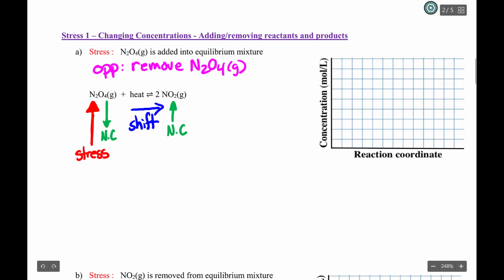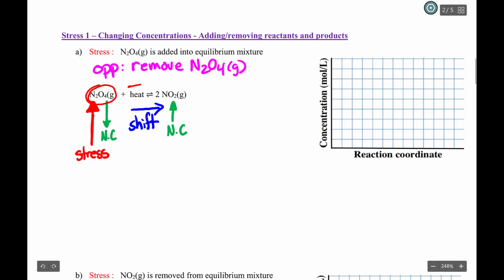So one more time, because this is so fresh and so new, let me go through the scenario. I've added N2O4 into the system. There's too much of it. We got to get rid of it, but we can't open up a valve and just let this stuff out. So what this system does, because there's a high concentration of it, they react with each other more frequently, and therefore they start to form the product. So that's my shift. I'm shifting to the product side to decrease the amount of this reactant.